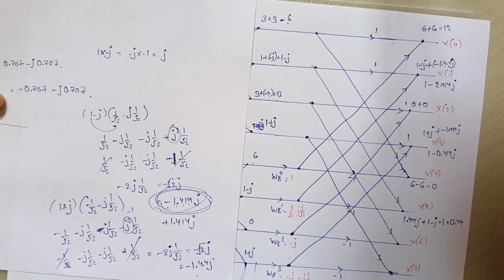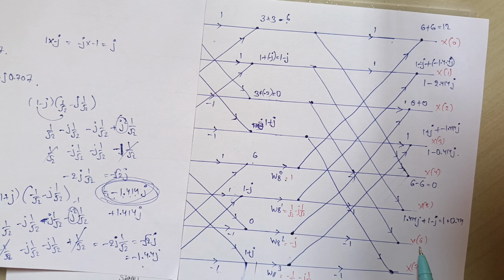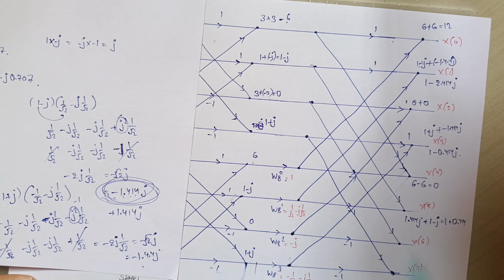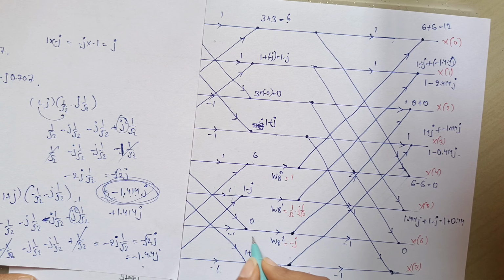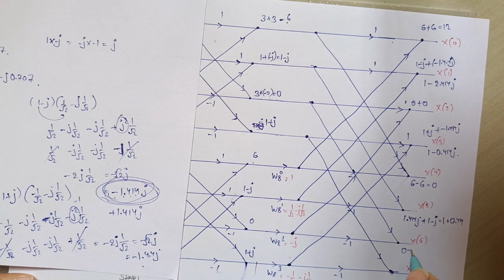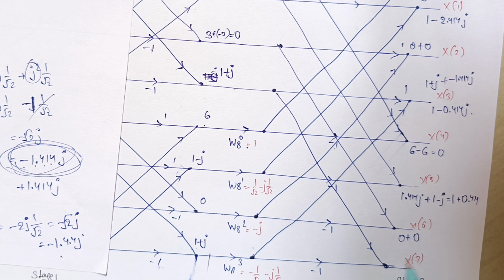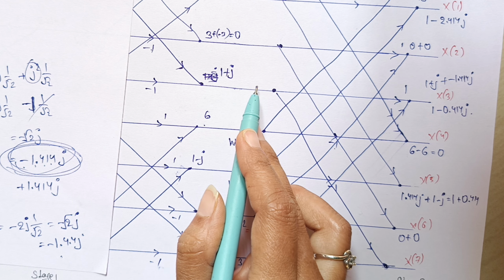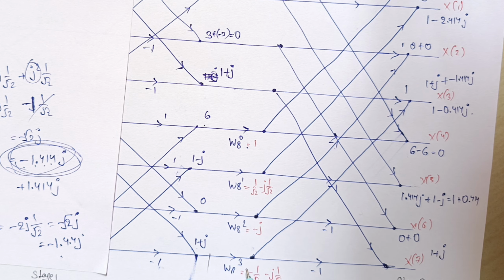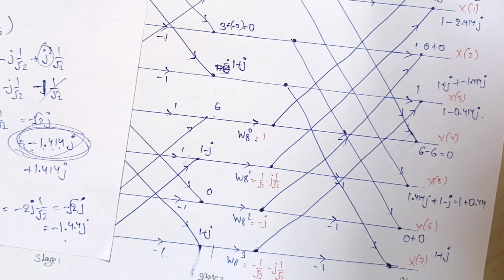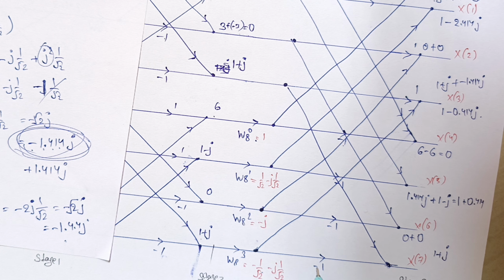Perfect. Now we are left with x of 6 and x of 7 that we have to calculate. So from here we will get 0, and from here we will get 0 into minus j into minus 1, so that is the same thing. And for x of 7 value, we are getting 1 plus j from this line, and from this bottom line, we are getting this into this and into minus 1.